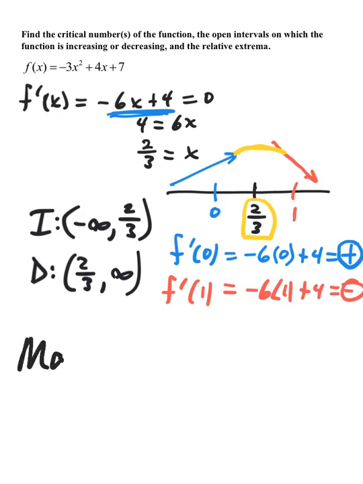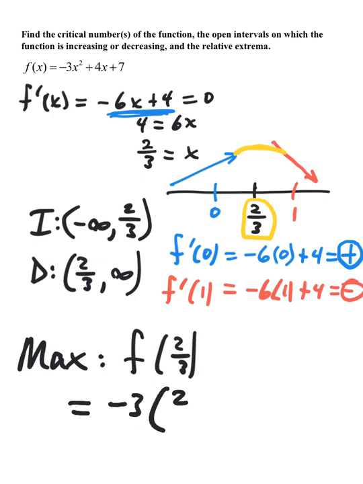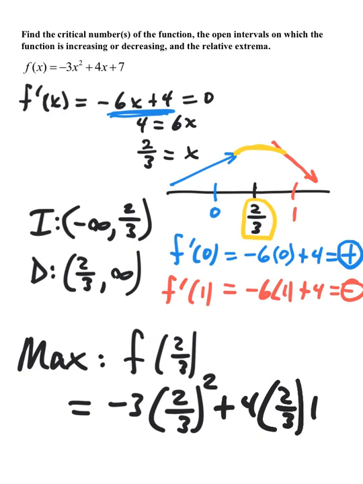The max will occur at the function value of your critical number. So that value is, this is the original function, 2/3 squared plus 4 times 2/3 plus 7.